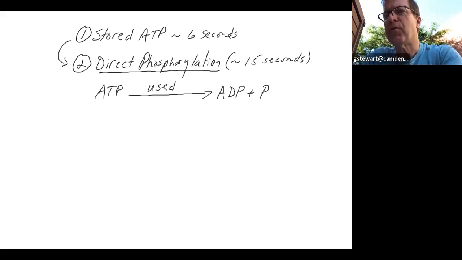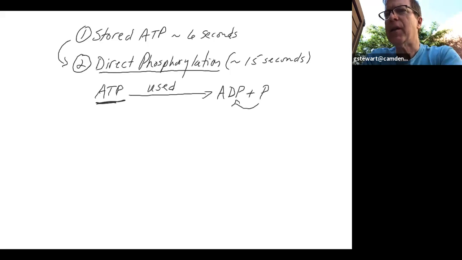We've chopped off that terminal phosphate, so those are the two products that we get when this molecule is used for energy. Now it would be nice if we could just glue that phosphate back on the ADP and reuse it again, and we can't really do that biologically.